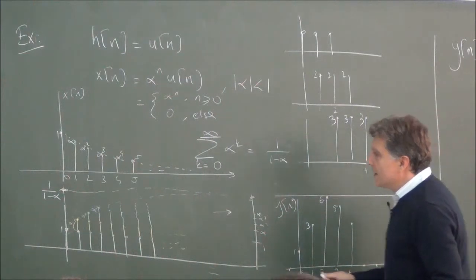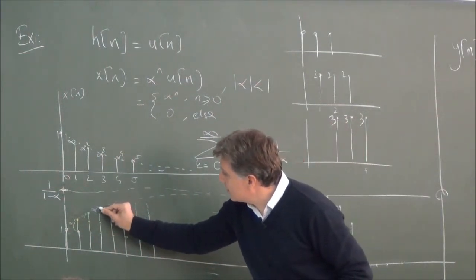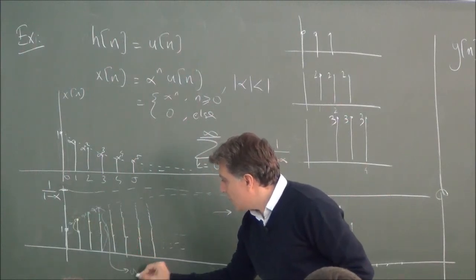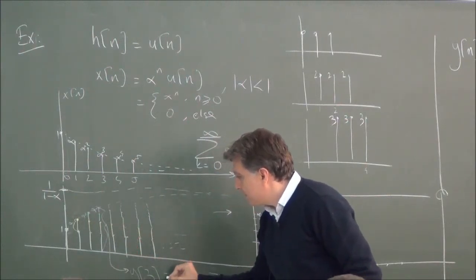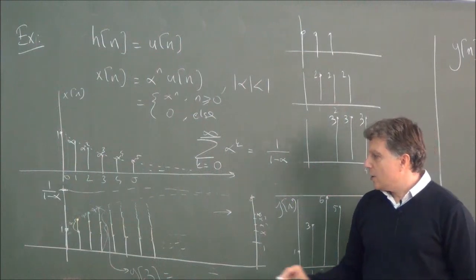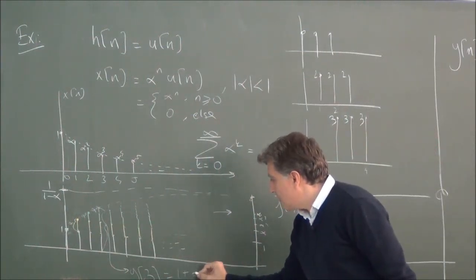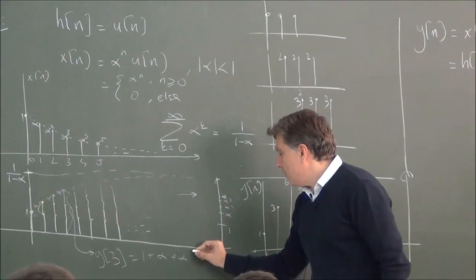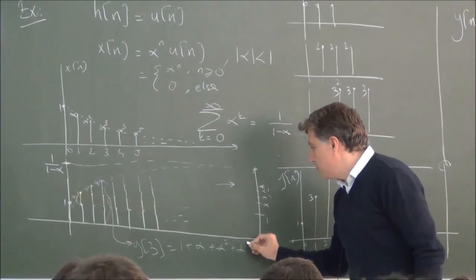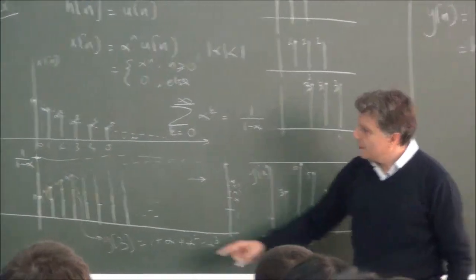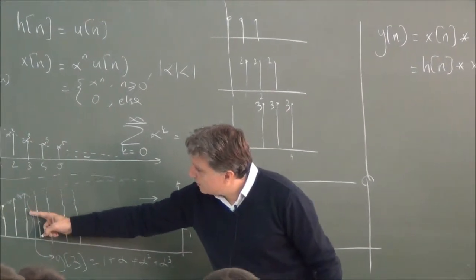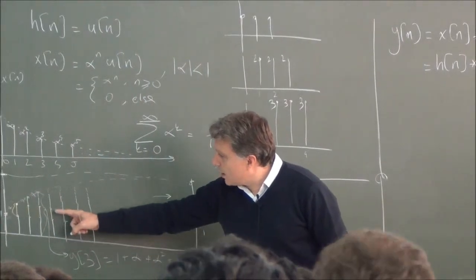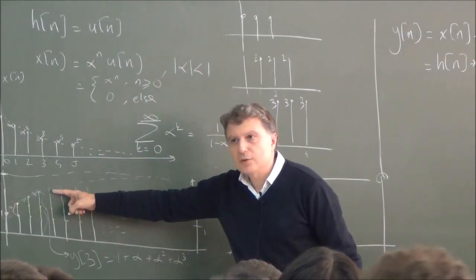But what are the others? For example, what is this value, which is y of 3? Y of 3 is 1 plus alpha plus alpha square plus alpha cube, isn't it? Here y of 4 is 1, alpha, alpha square, alpha cube, alpha to the 4.